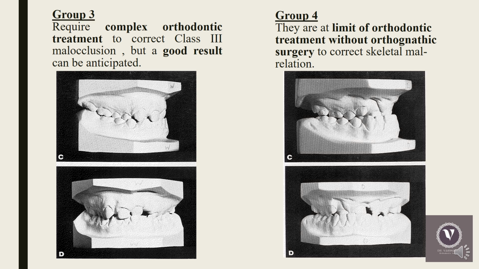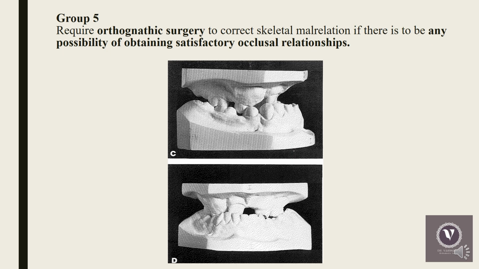Here we can appreciate that the models of the patients have anterior reverse bite. In Group 5, the cases require orthognathic surgery to correct the skeletal malrelation if there is to be any possibility of obtaining a satisfactory occlusal relationship.